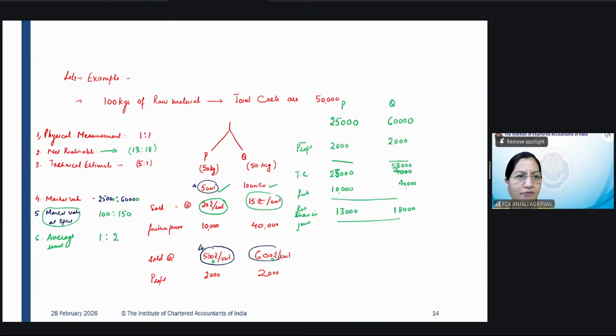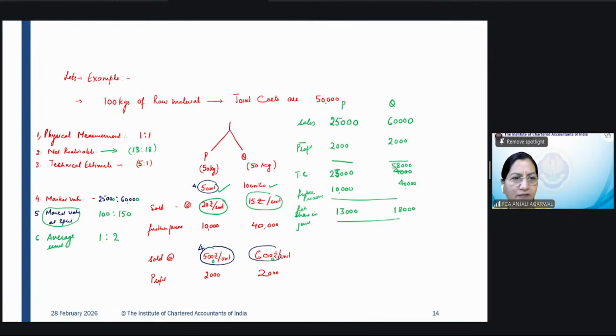Then you have net realizable value where you take the sales value and from there you subtract the profits, the post separation cost or further processing cost, and you arrive at the share in joint cost in the most reasonable fashion.